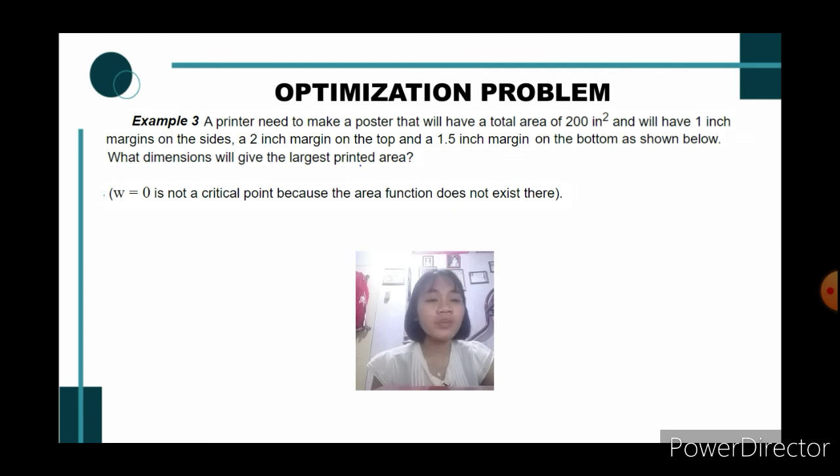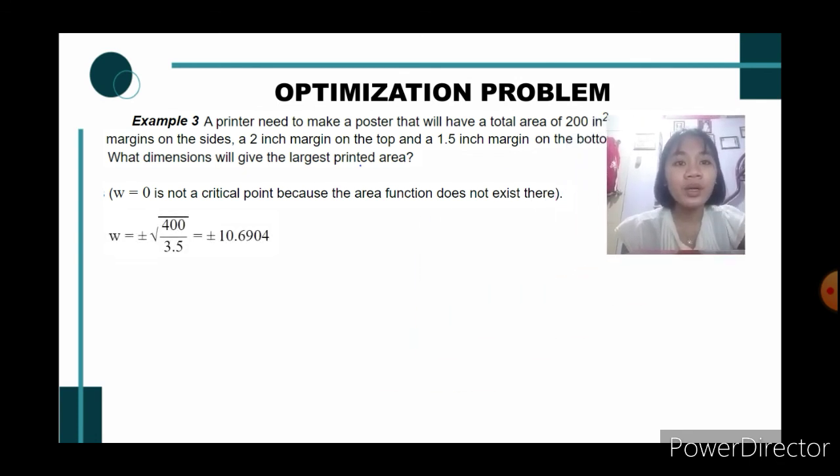So, from the first derivative, we have the following two critical points. w equal to 0 is not a critical point because the area function does not exist here. So, ang ating critical point is equal to w equals positive negative the square root of 400 over 3.5.